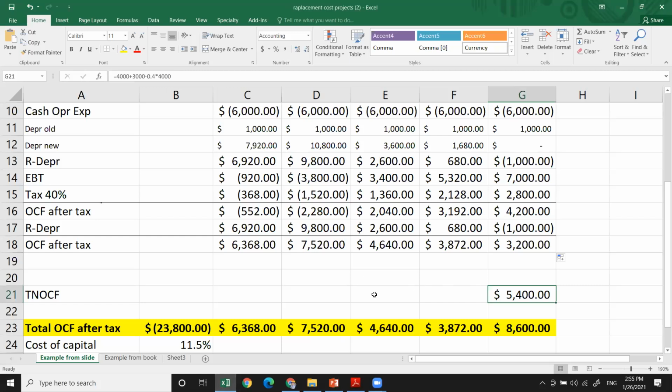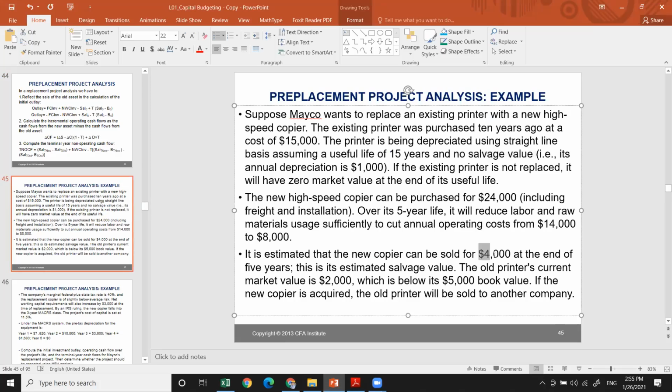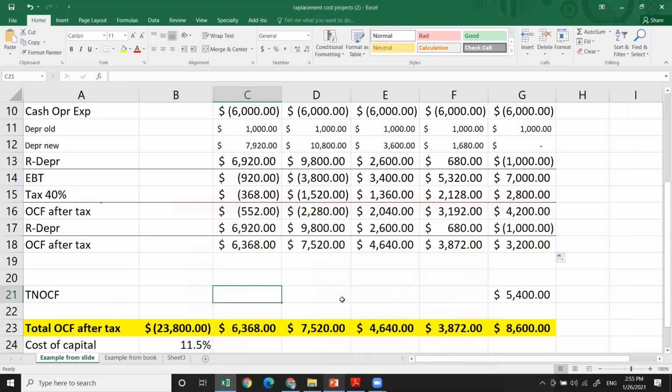Now, what I do here, first of all, it says that we are selling for 4,000 at the end of the 5th year, the new project. So we sell it for 4,000 plus net working capital, which was 3,000, minus, because we are selling it for 4,000, it needs to be taxed.